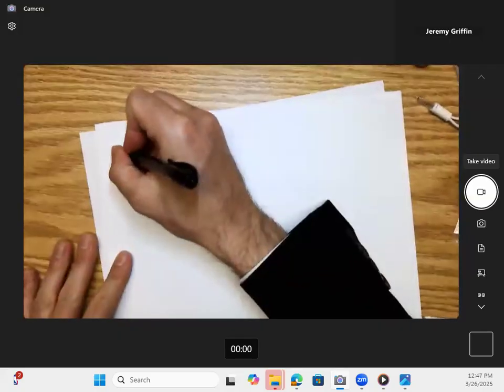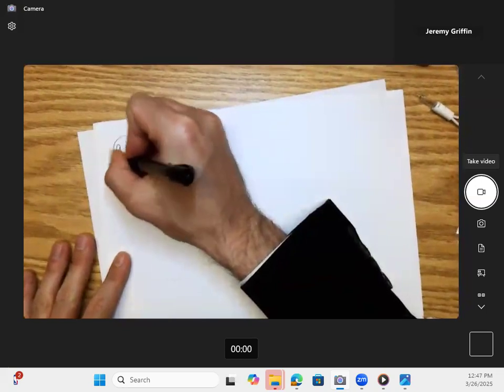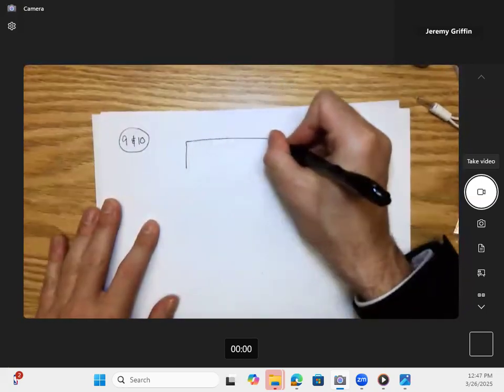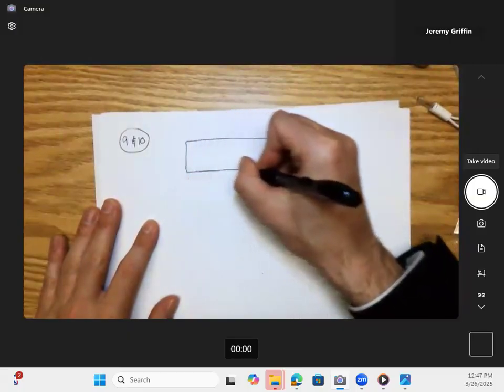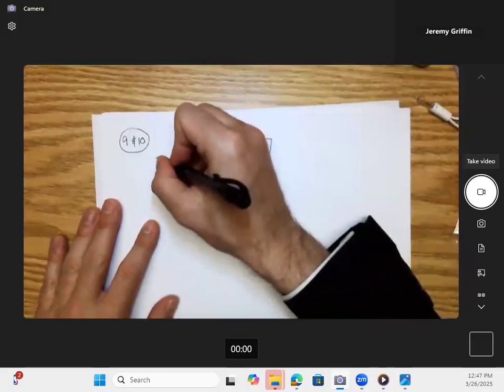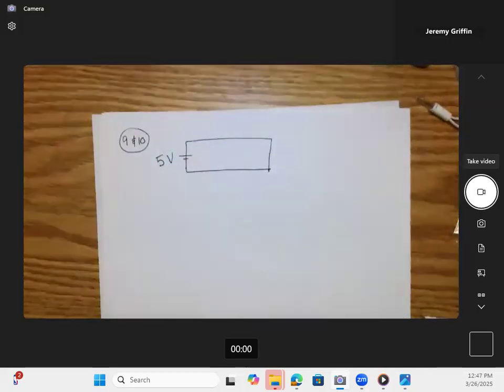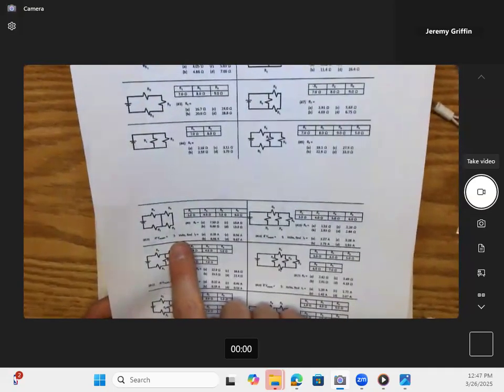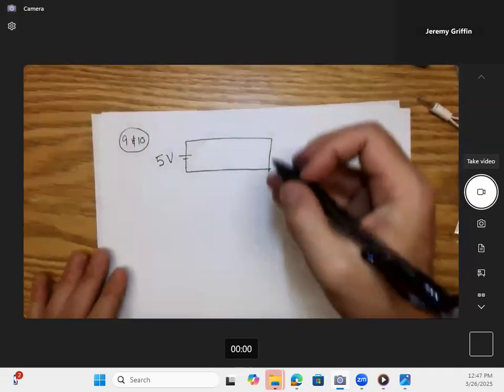So number 9 and 10 both refer to a circuit that looks about like this. Okay, voltage over here. Actually, I think I gave everybody 5 volts. Does it say down here, number 10, if voltage is 5 volts? You see it? So that's going to be true for all these circuits down here.